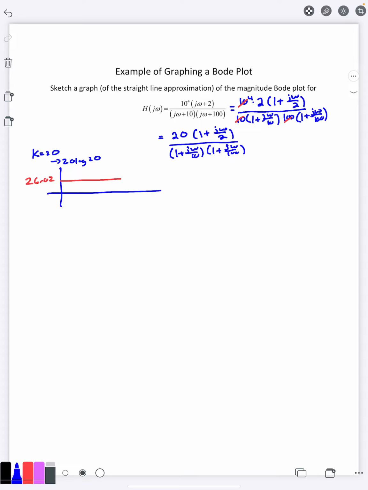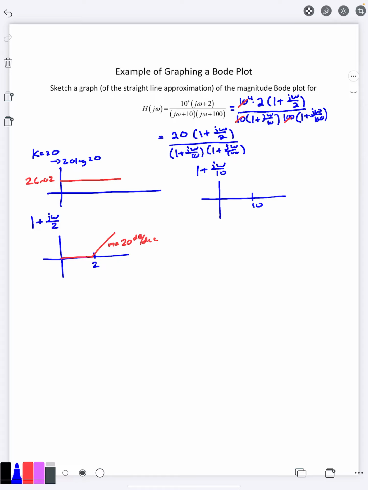Then if we look at the 1 plus j omega over 2 factor, that has a break frequency of 2. Starts out flat. Since it's in the numerator, it's going to then go up with a slope of 20 decibels per decade. Next up is the 1 plus j omega over 10 factor. That is in the denominator.